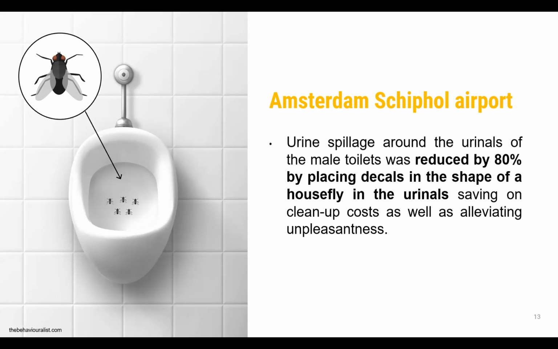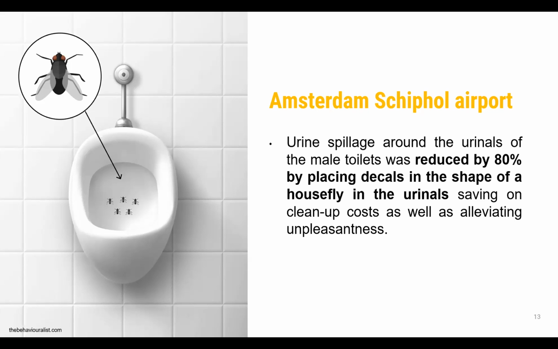in architectural space was in the Schiphol airport in Amsterdam back in 1999, where the angry maintenance team wanted to change the behavior of their male visitors after noticing a pattern of excessive spillage around the urinals.